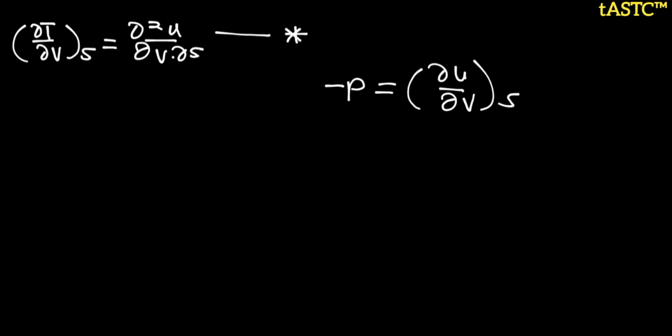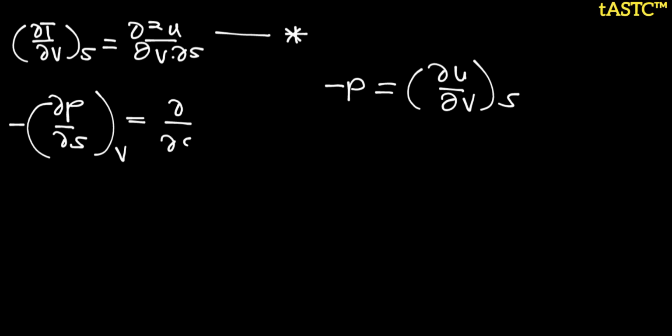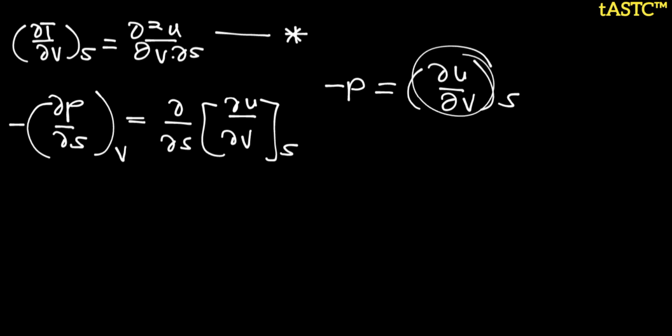Now, as you know, we need to differentiate both sides with respect to S, at constant V as usual. So this is going to be a negative partial P with respect to S, and in this case we're going to have a constant V, and this is going to be a d with respect to S, multiplied by dU dV, which was at constant S. Now we know this should be the derivative of this form with respect to S at constant V. So I'm going to write that here.